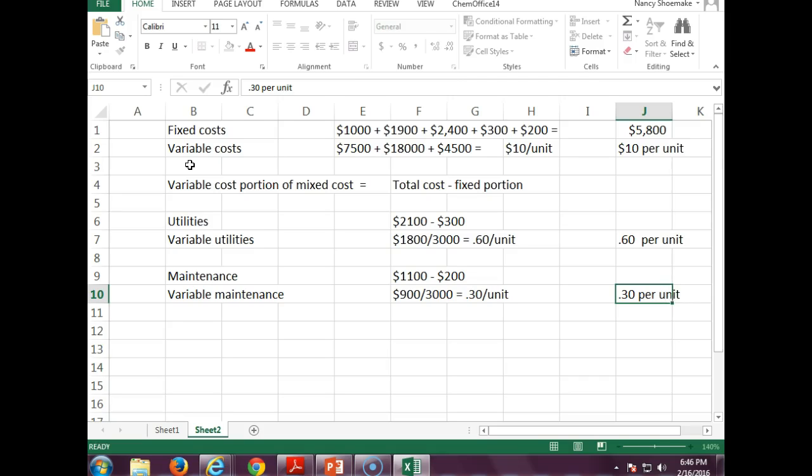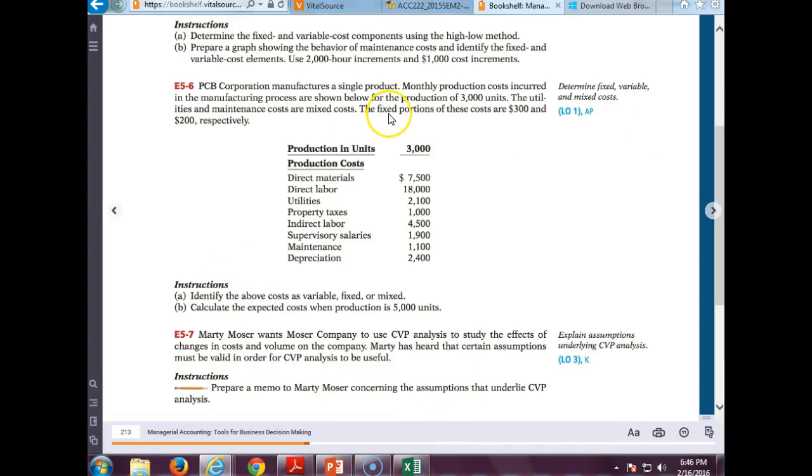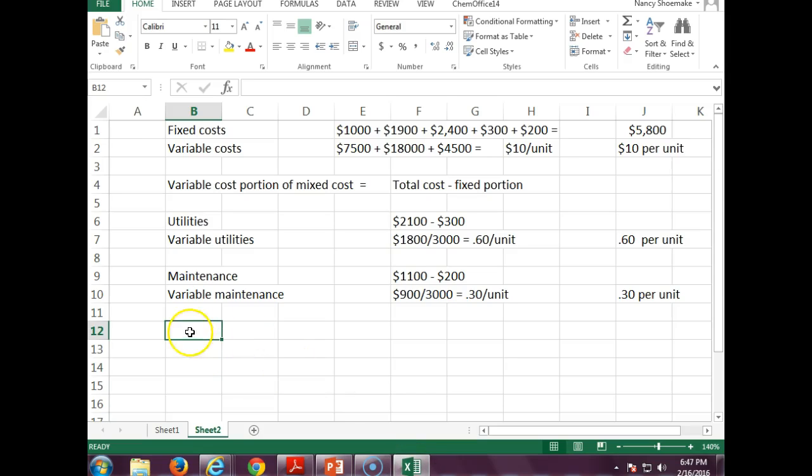Right? So it asks us, guys, calculate the expected cost when production is 5,000 units. Okay? So how are we going to do that? What are our variable costs? 90 cents, right?